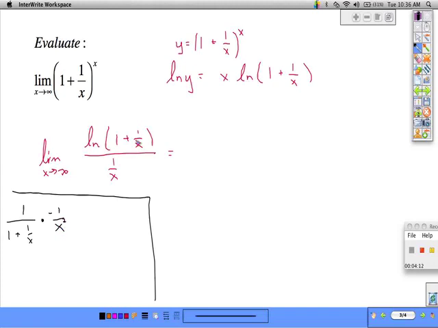That's the derivative of 1 plus 1 over x. Divided by the derivative of the bottom. Remember, we're taking the derivative of the top and the derivative of the bottom completely separate of each other. Those cancel, and I am left with 1 over 1 plus 1 over x.